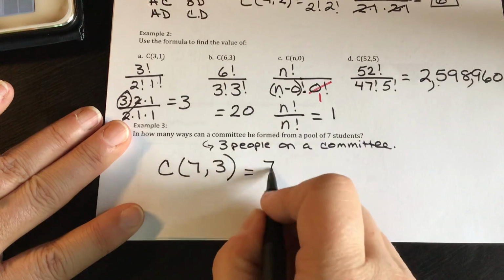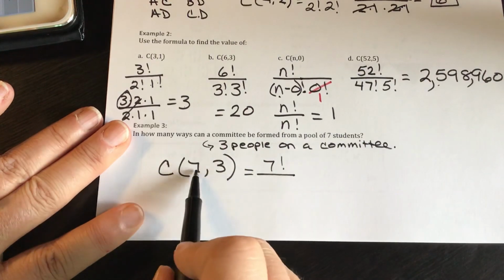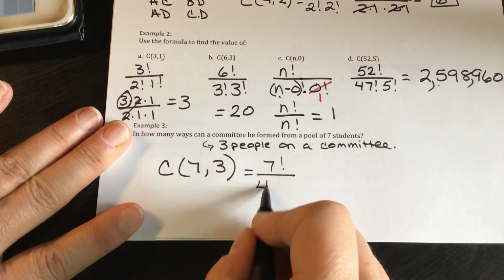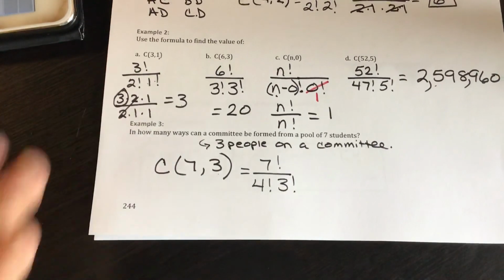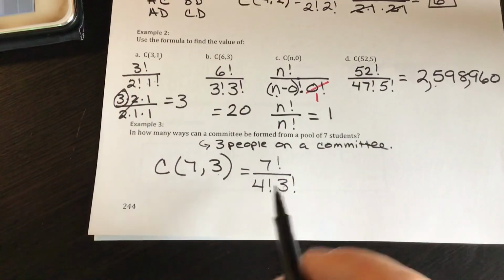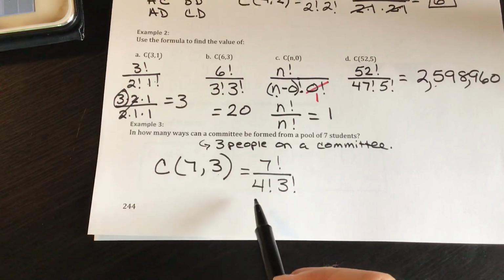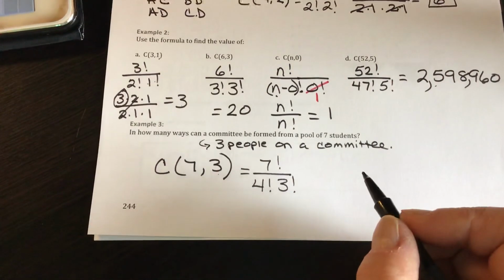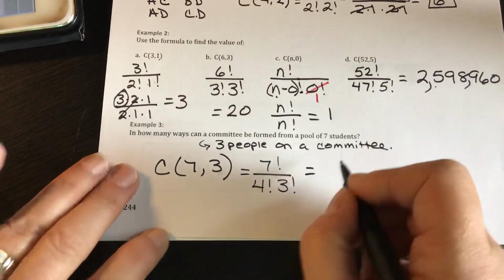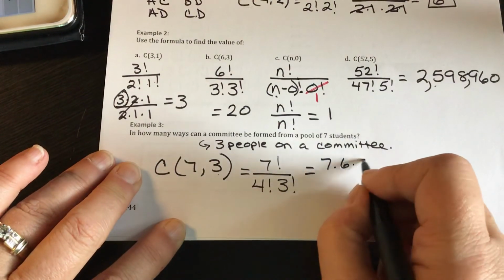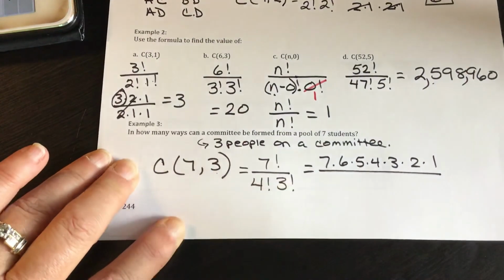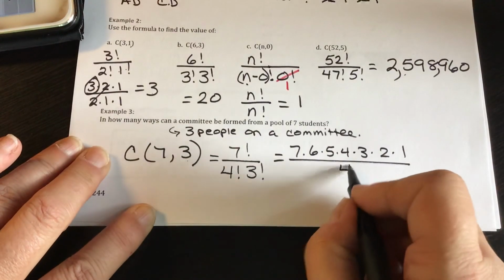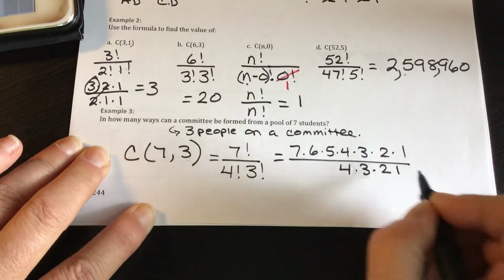So this would be 7 factorial over, when I subtract, 4 factorial and then 3 factorial. And if I calculate this, I can actually do this by hand. I have 4, 3, 2, 1 factorial.